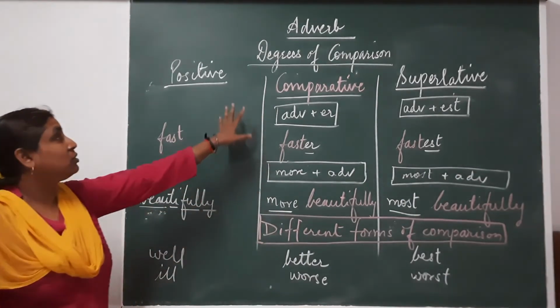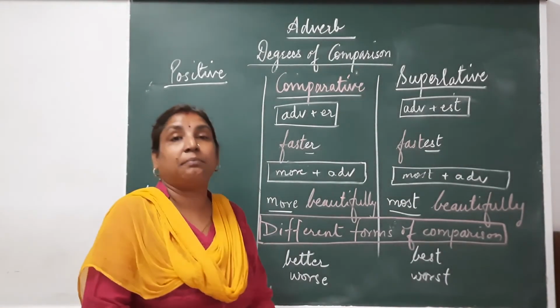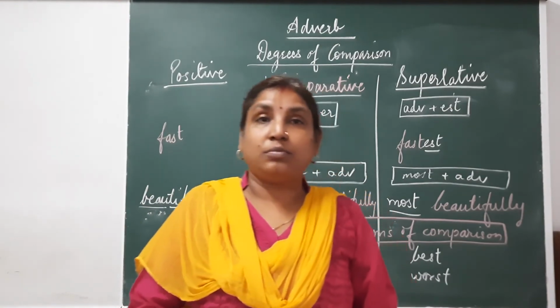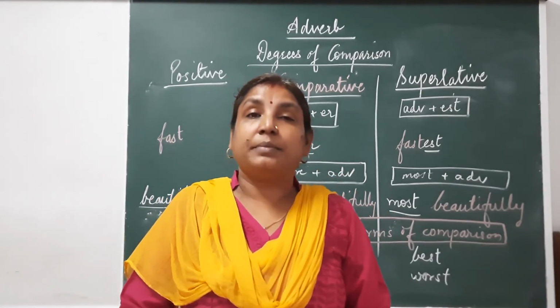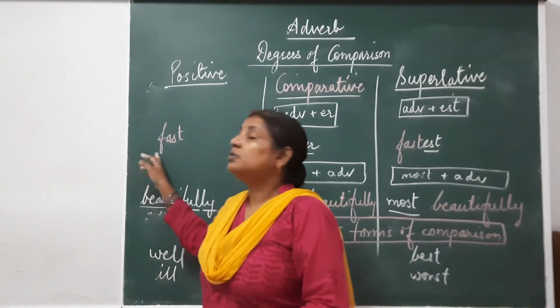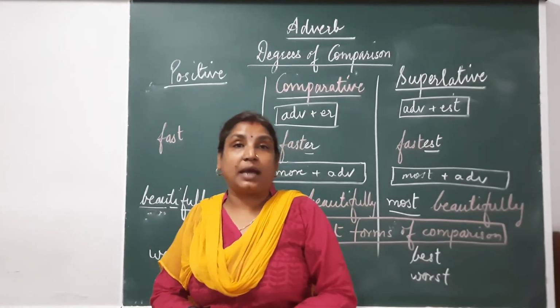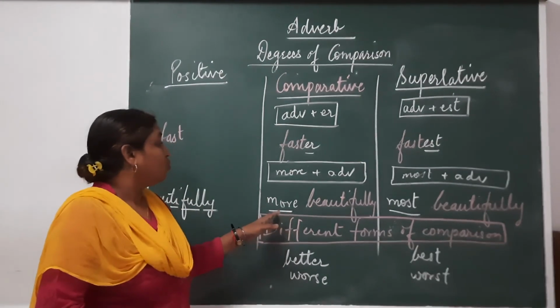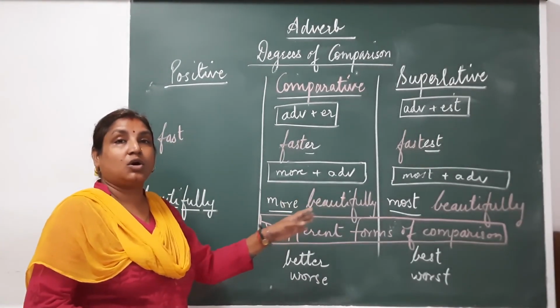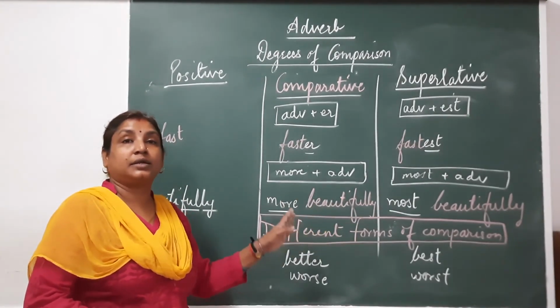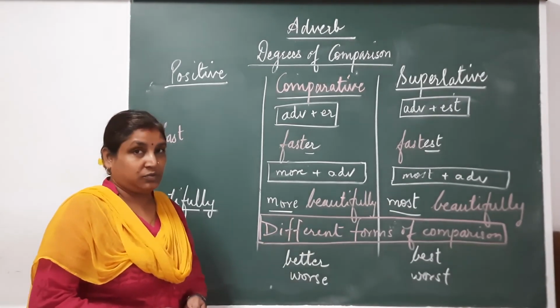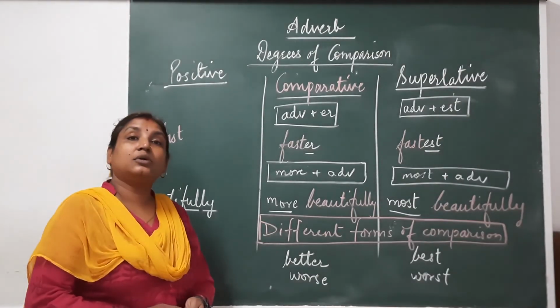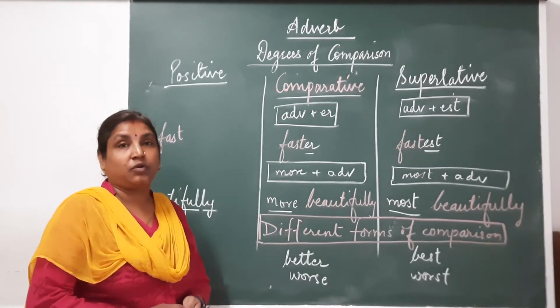This is how the different degrees of comparison are formed. Remember, a single syllable will have er and est added to it, and more than one syllable will have more and most or less and least added for the comparative and superlative degrees. So that's all about the degrees of comparison and its formation.